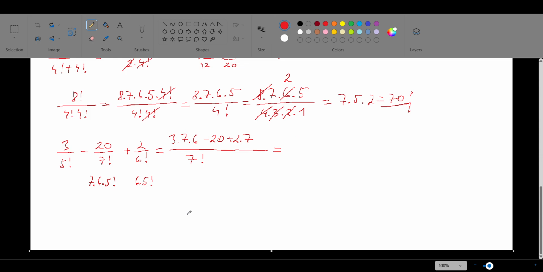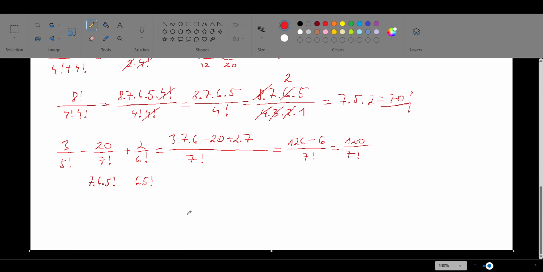So let's do this this way. 7 times 6 is 42, and 42 times 3 is 126, so it's going to be 126, take away 20 plus 14, so 20 plus 14 is 34, to take away 6 over 7 factorial, which is 120 over 7 factorial.